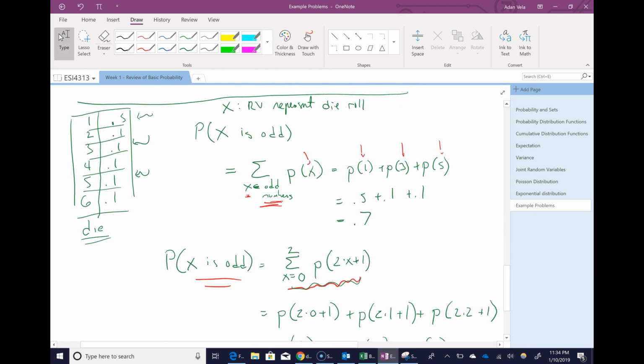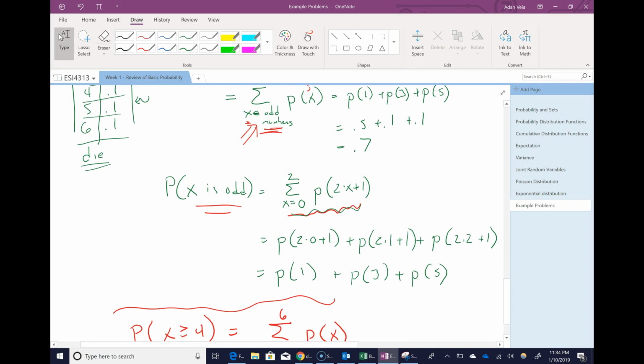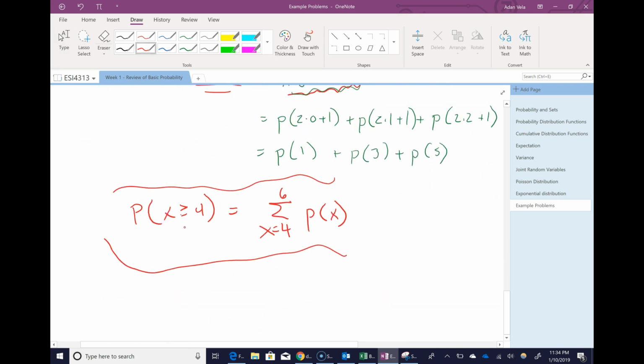So if we ever want to calculate the total probability over a set, you're welcome to use the set notation if it makes sense. Or if it's a simple problem where you're going over a set numeric range, like 4, 5, 6, where you increment by 1, then yeah, use this notation here.